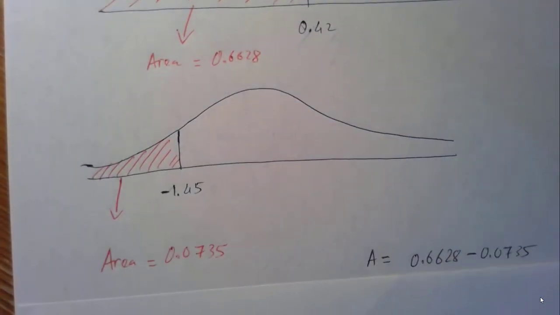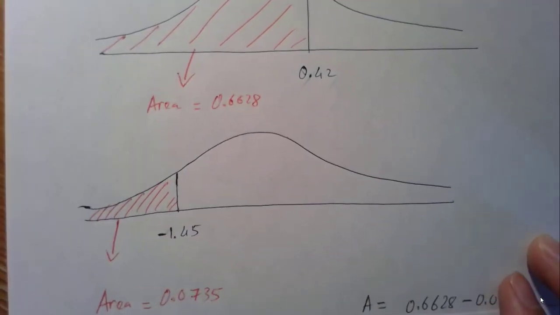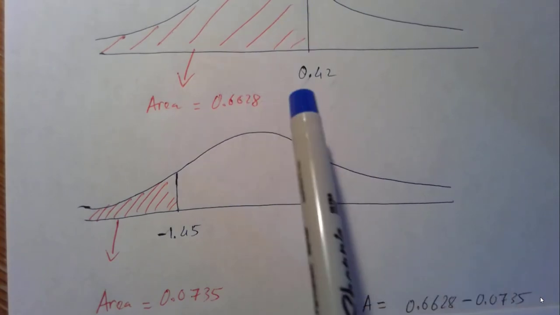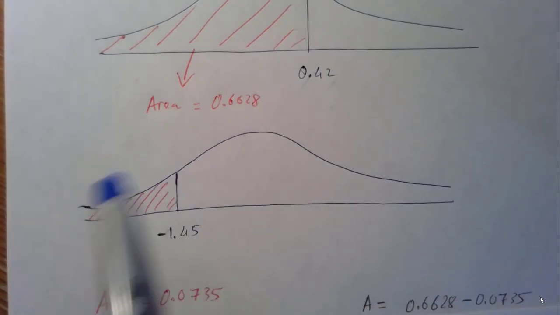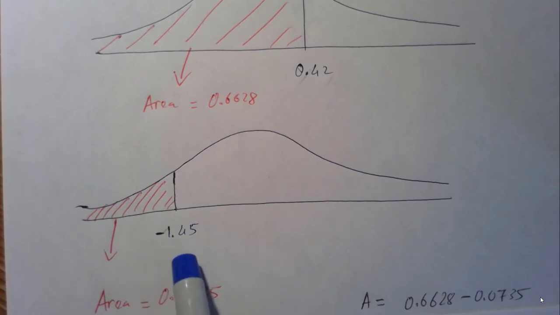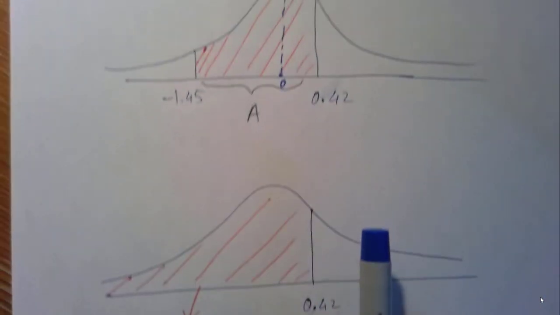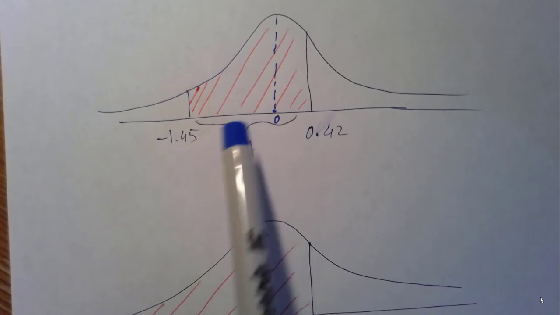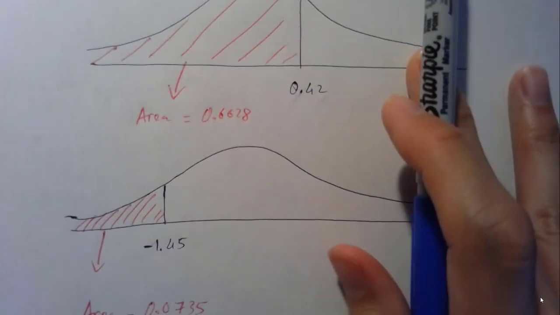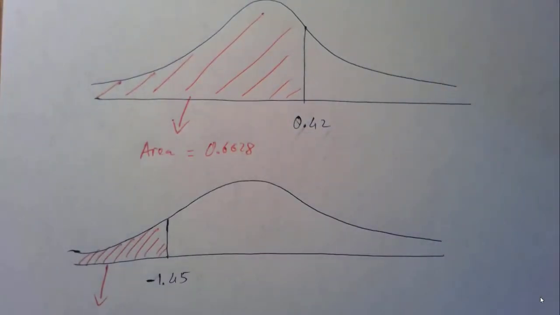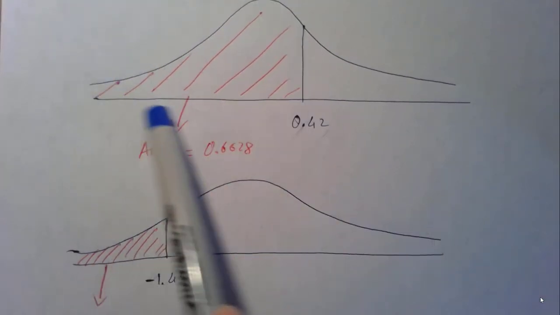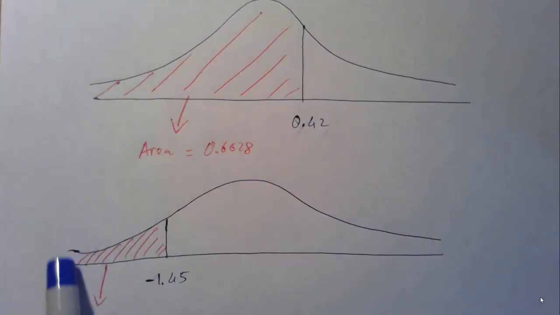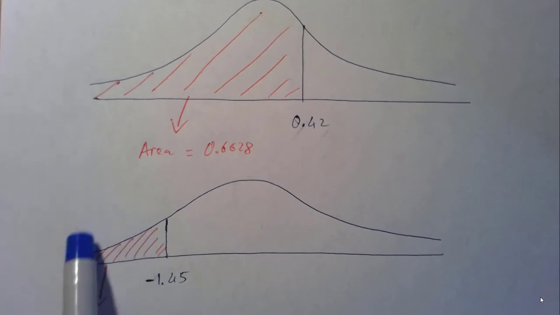Because we are not looking for the area to the left of 0.42, and not the area below minus 1.45, but the area in between the two values, we take the whole area below 0.42 and subtract the portion below minus 1.45.